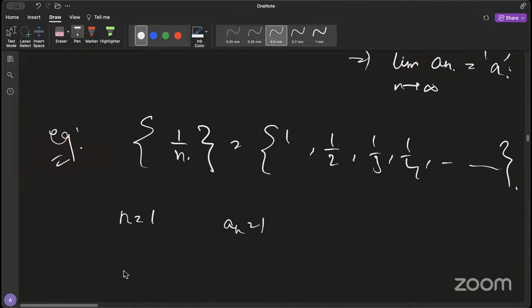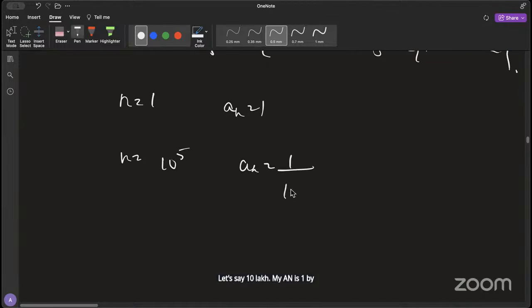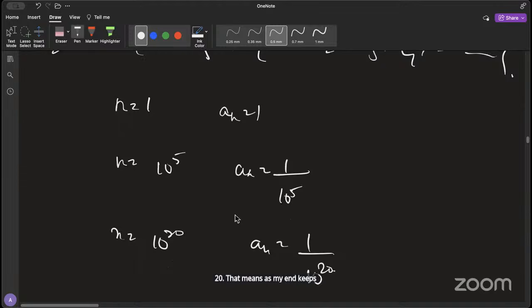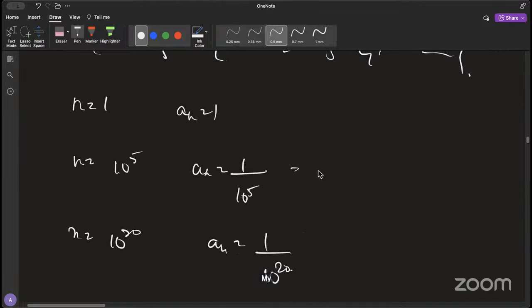My an is 1 by n. For n equals, let's say, 10 lakh, my an is 1 by 10 lakh. For n equals 10 to the power 20, my an is 1 by 10 to the power 20. That means as my n keeps increasing, my an becomes 0.00001, then 0.000 so many times, and then 1 here.